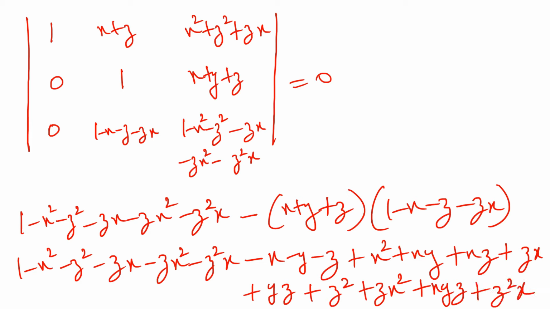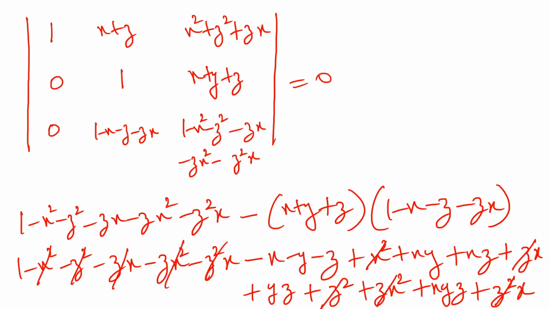Now students, you can see many terms in this expression are going to cancel out. Like this x square will cancel out, this z square will also cancel out, this zx is also going to cancel out, this zx square is also going to cancel out, this z square x will also cancel out.